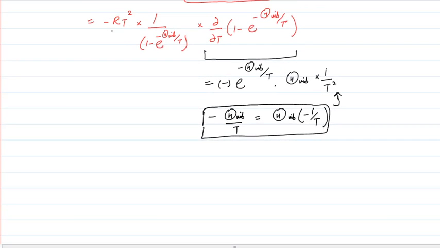Here this is minus RT square. First we will write that minus RT square into 1 upon this part, we will write it as such, 1 upon 1 minus e raised power theta vibration upon t into this part here.